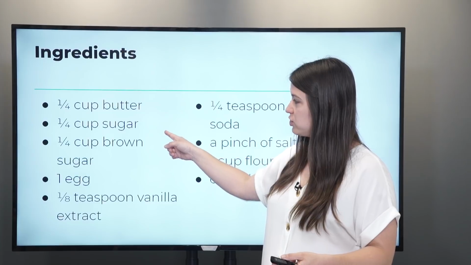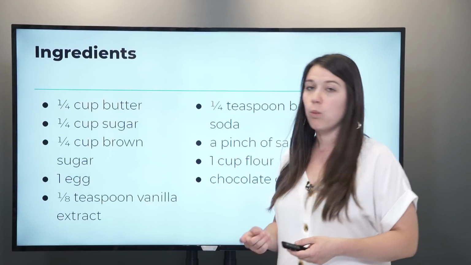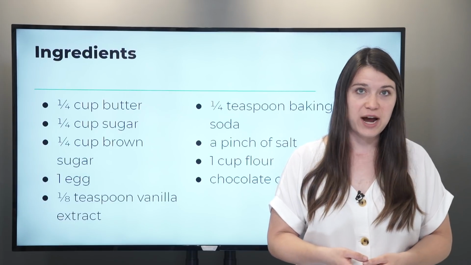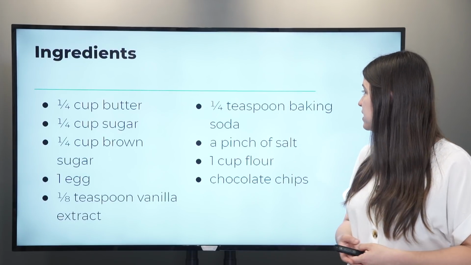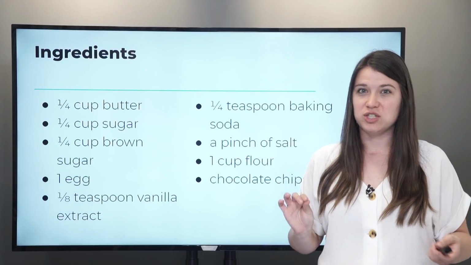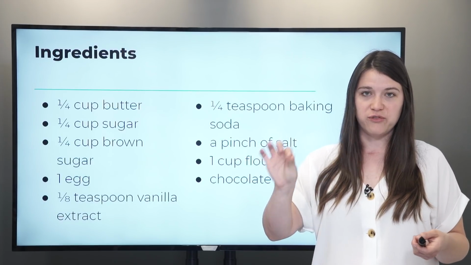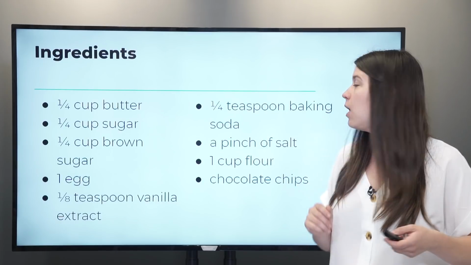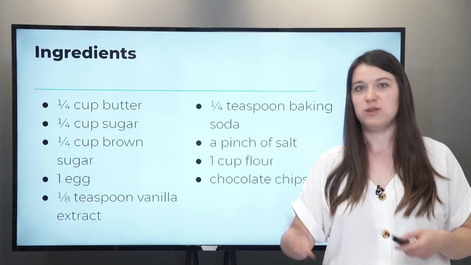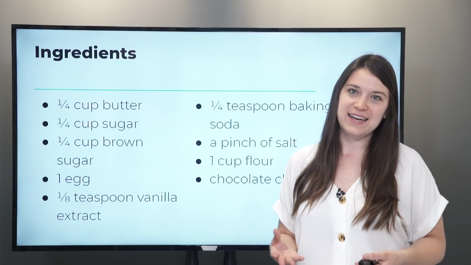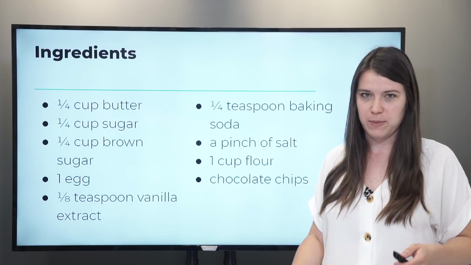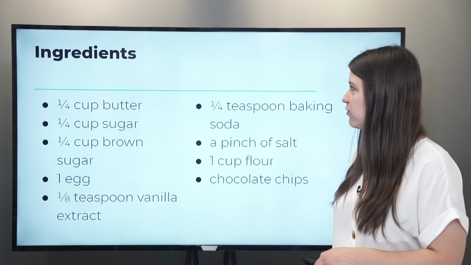So this would be white sugar and this would be brown sugar, 1 egg, 1/8 of a teaspoon vanilla extract, 1/4 of a teaspoon baking soda, a pinch of salt, so this just means what you can fit between your fingers, just a little bit of salt, 1 cup of flour, and some chocolate chips. So this is how many you want to add, depends on how much you like chocolate chips. So this is up to you, maybe just a little bit, a handful.